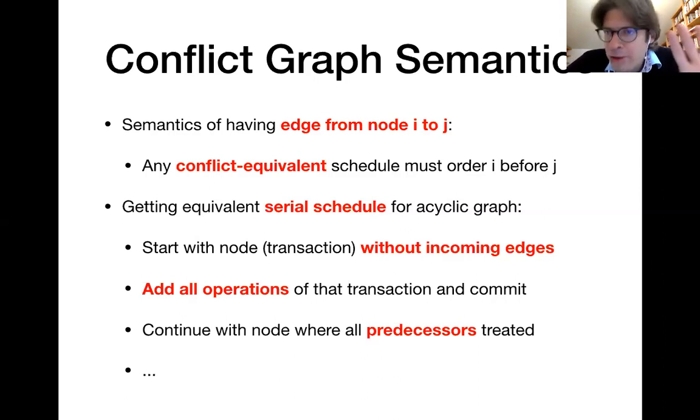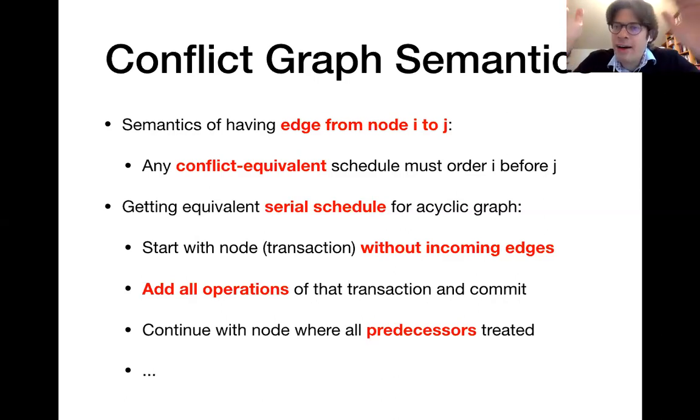And because of that semantics, the way in which I can transform a schedule that is conflict serializable into the conflict equivalent serial schedule is essentially by doing a topological sort in the conflict graph.